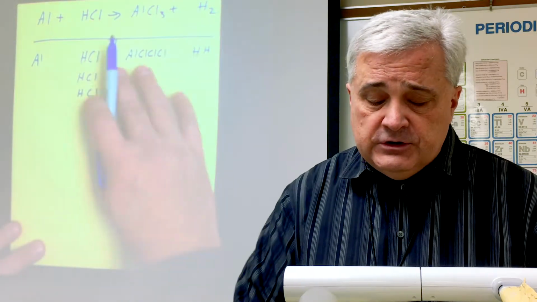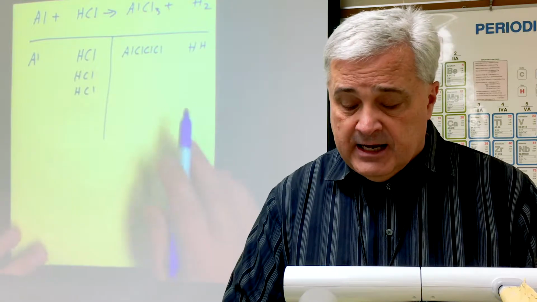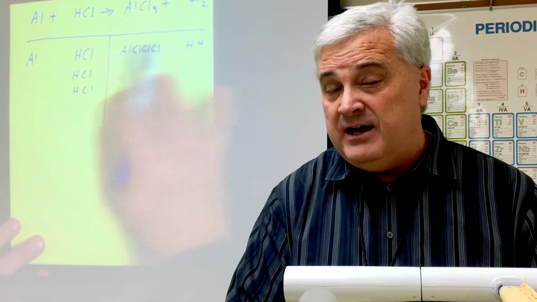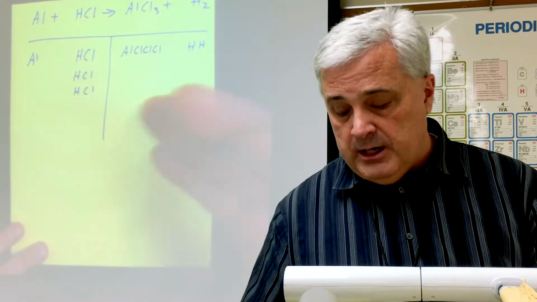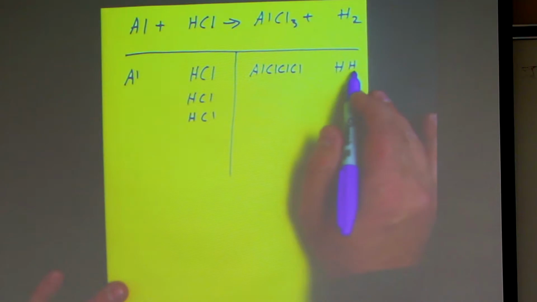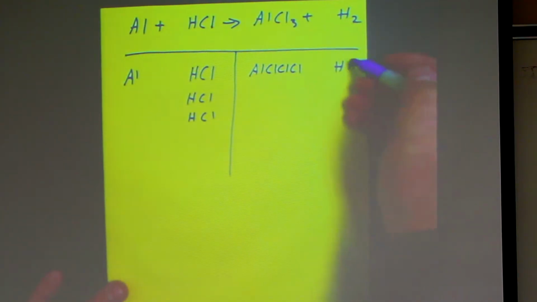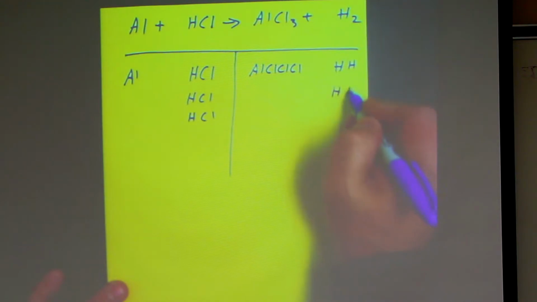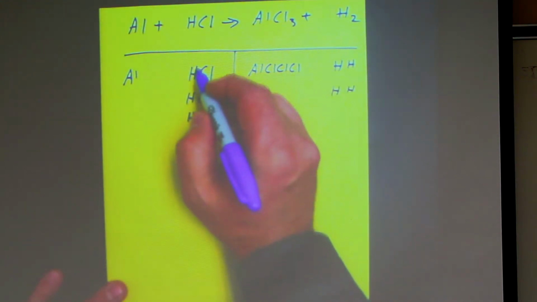If you do this mathematically, you start thinking immediately, I got 2s and I got 3s, what can I find that'll give me that? But if we're just going to do it graphically this way, I have 3 hydrogen here, 2 hydrogen here. I need more hydrogen on this side, so I'm going to add another hydrogen molecule. Now I've got 4 hydrogen and I've got 3 hydrogen.